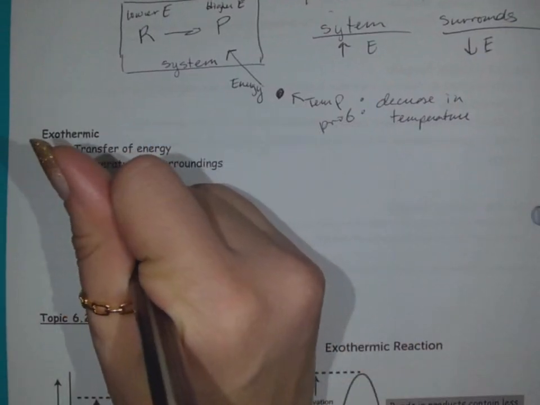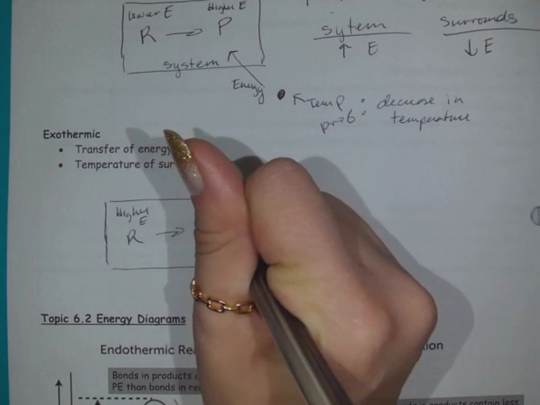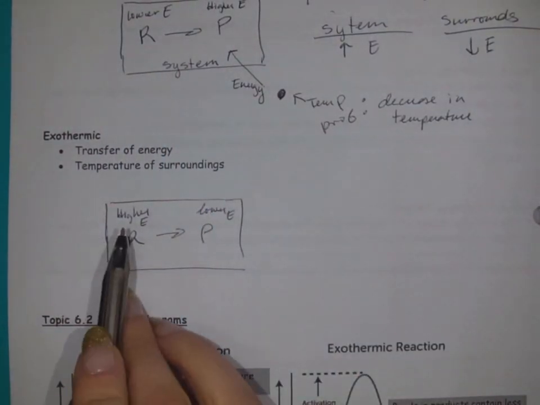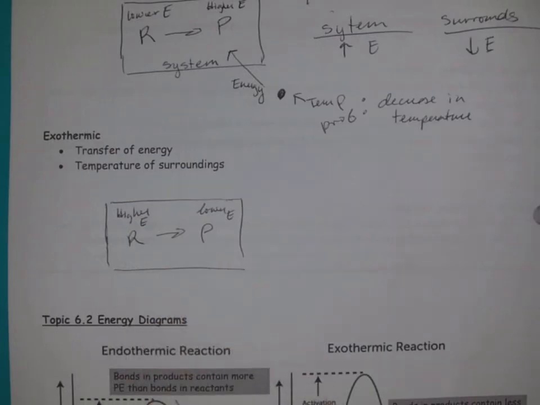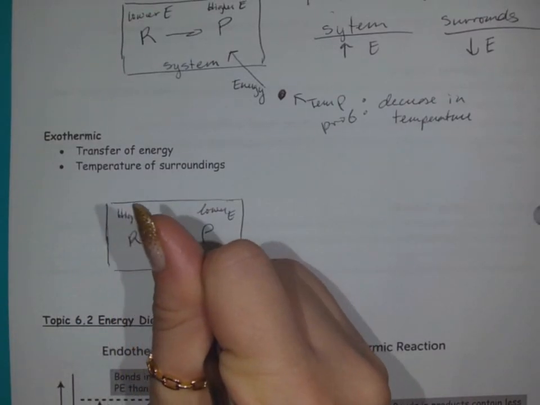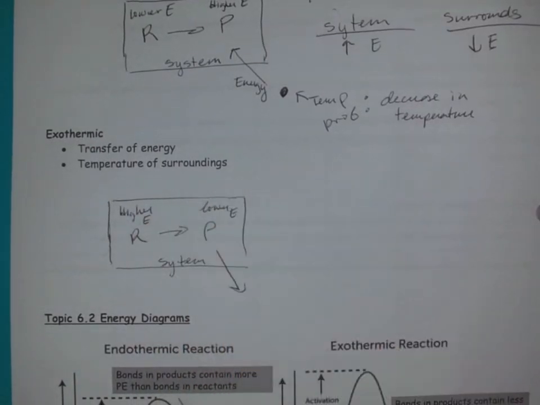So we have a higher energy reactant and a lower energy product. And it's like, okay, great, we went from higher energy to lower energy, but where did that energy go? Well, it left the system. So energy leaves the system and it goes to the surroundings.